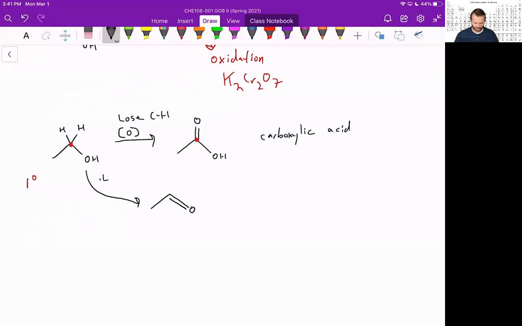In this reaction, we lose one carbon-hydrogen bond, and you get an aldehyde, because that carbon atom still has one carbon-hydrogen bond. This is done with a milder oxidizer.